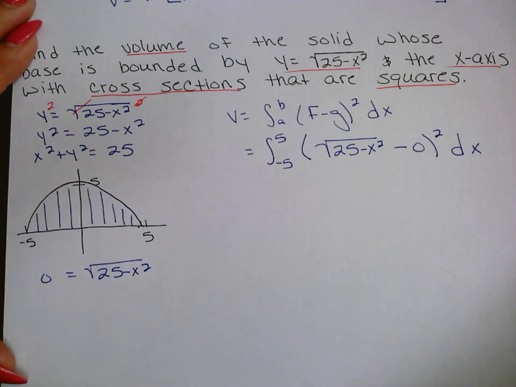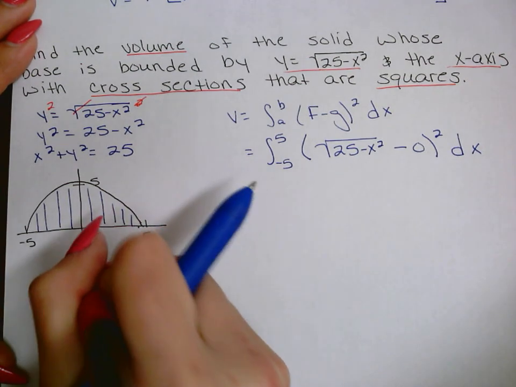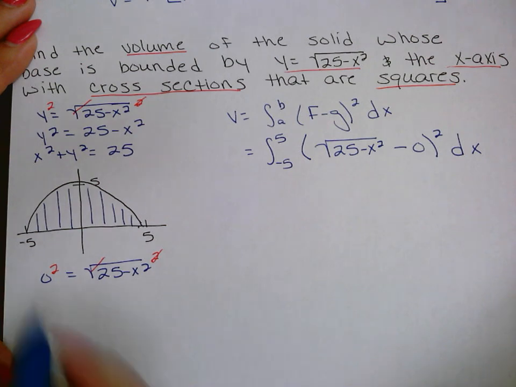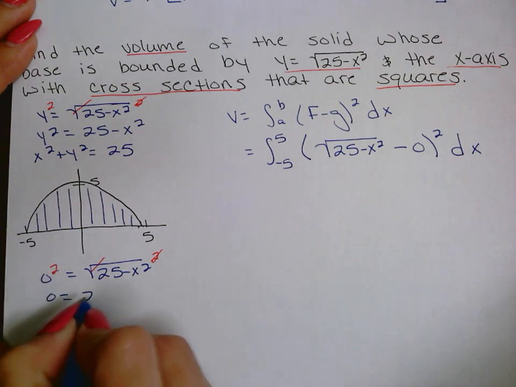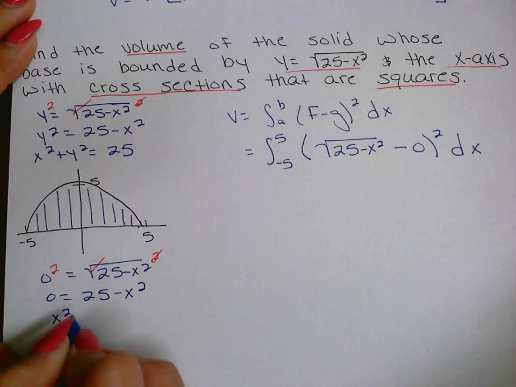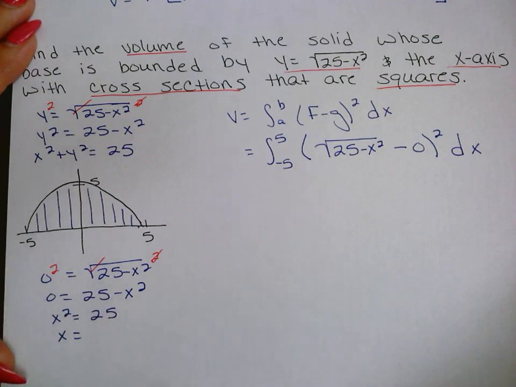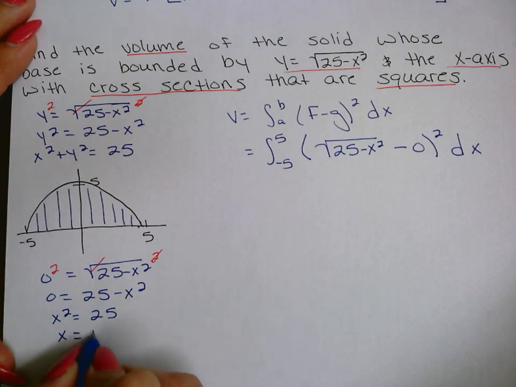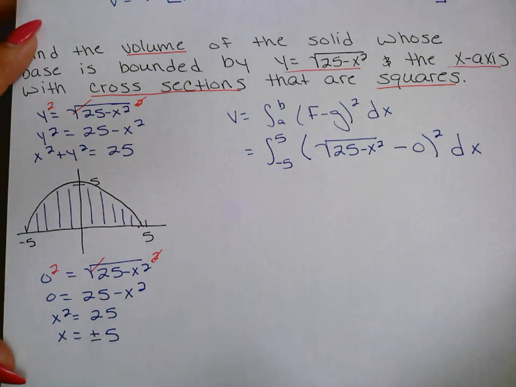I would have to square both sides to get rid of that radical. And then I can say that 0 equals 25 minus x squared. Move the x squared over. And then square root of 25 is plus or minus 5. So that's how you can still get your a's and b's, even if you didn't know that image.